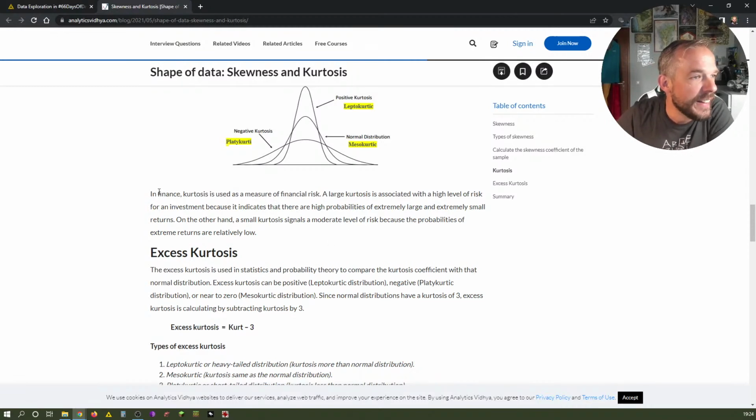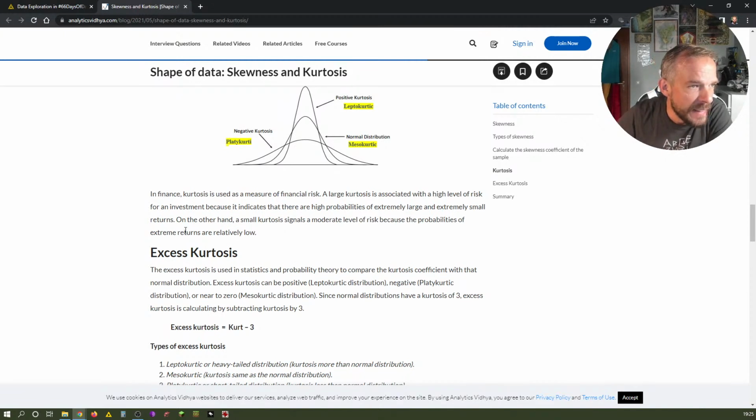In finance, kurtosis is used as a measure of financial risk, and a large kurtosis is associated with a high level of risk for an investment because it indicates that there are high probabilities of extremely large and extremely small returns. So as always, if there is a high chance of winning, you usually have a higher risk.